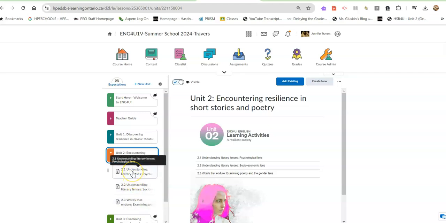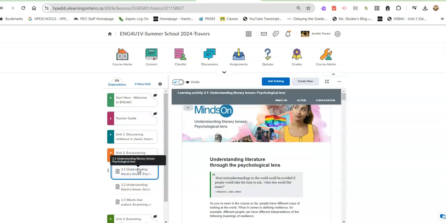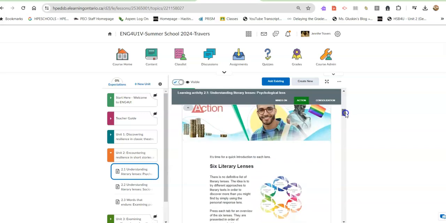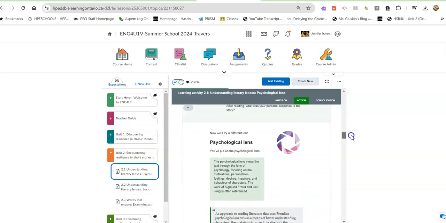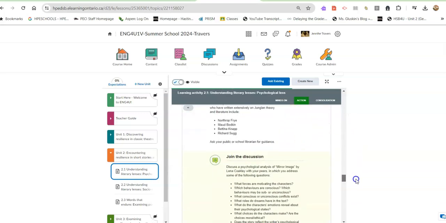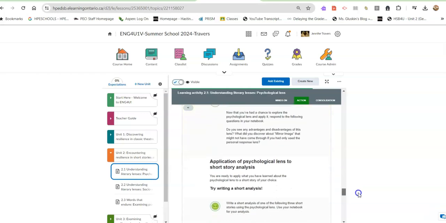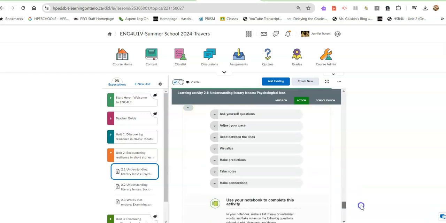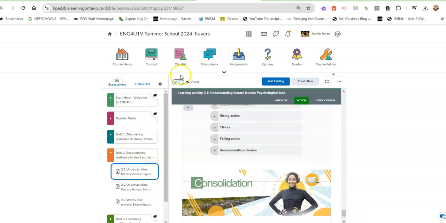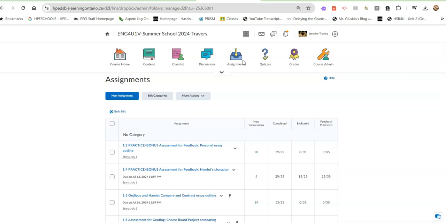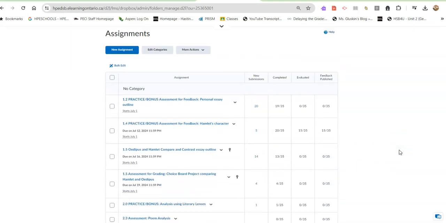And in 2.1 and 2.2, you're actually going to have opportunities in which to hand in bonus assignments. What I have done as we go through this information is, when you have those opportunities to participate and write your own analysis, I've actually just included them as your practice and bonus assignment.